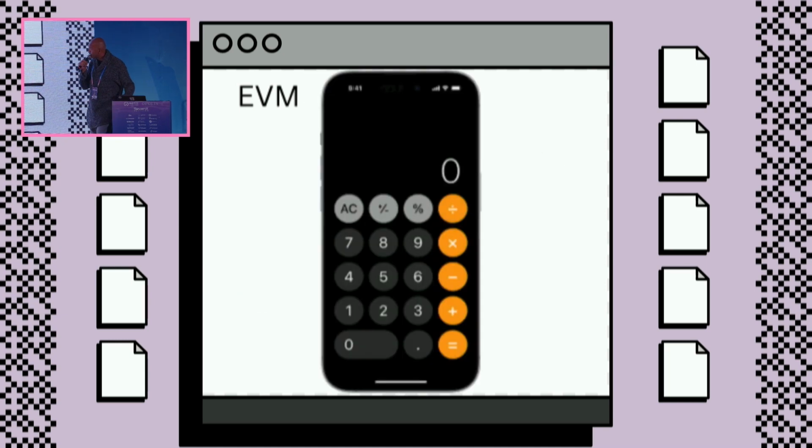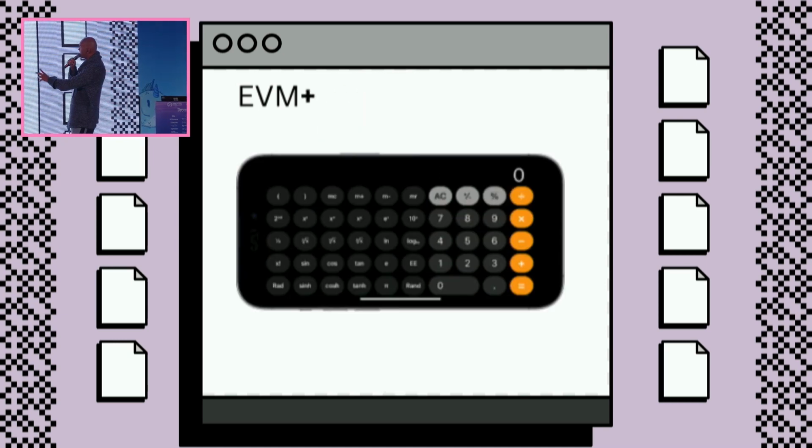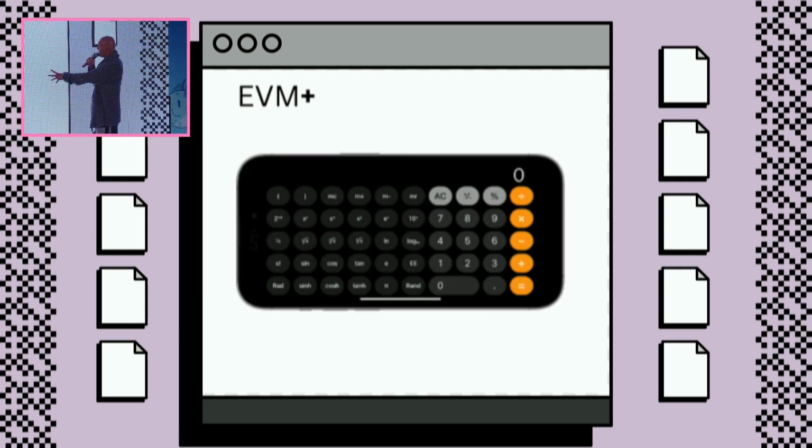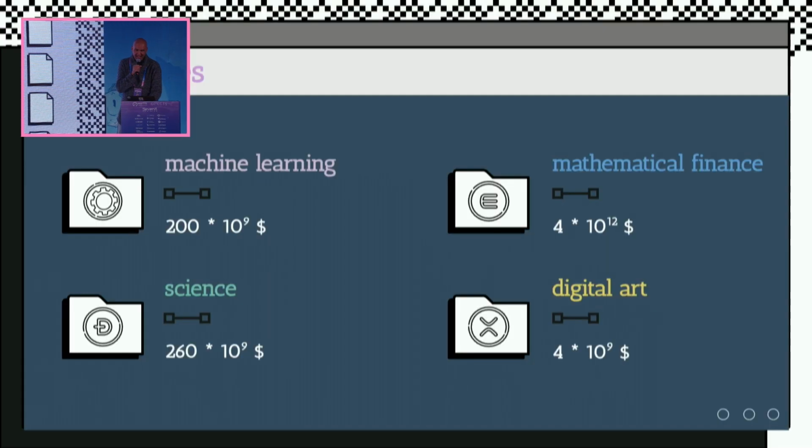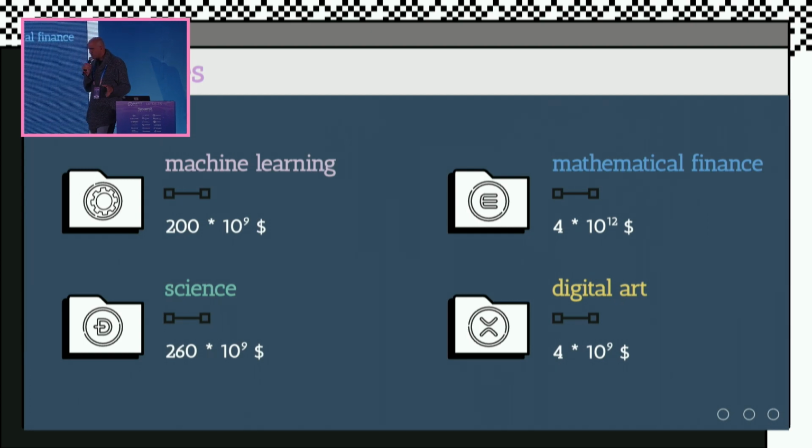With this, the current EVM goes from being like a simple calculator to a scientific type of calculator, and the use cases, and now I'm coming to the value mentioned in the very beginning, are immense. There's an entire trillions of dollars of mathematical finance.